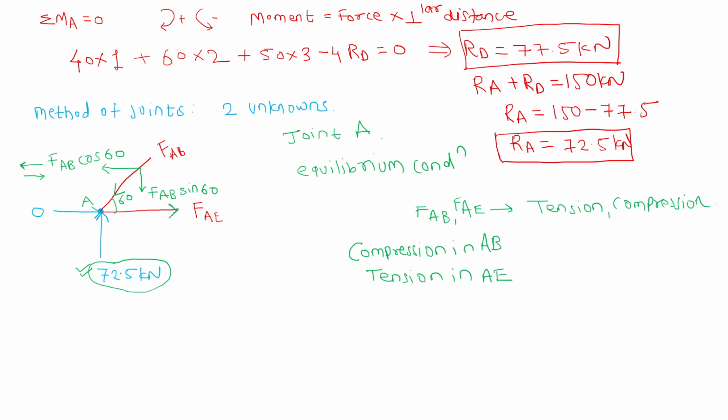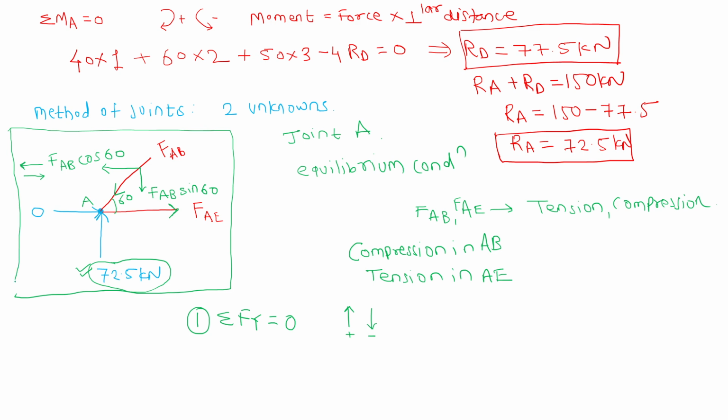Okay, now let's use the equilibrium condition. So first we will use summation Fy is equal to 0. That means upward force is positive, downward force is negative. So you have to apply this for the joint only. Okay, so that's why the free body diagram is very important.